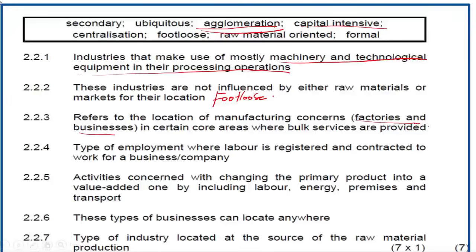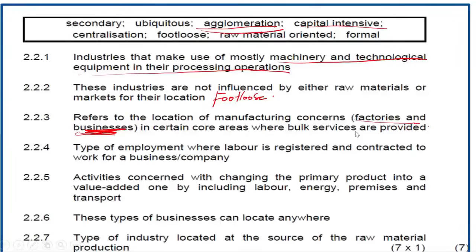When you go to a shopping center or a shopping mall, that is agglomeration because there are businesses that are together there. Refers to the location of manufacturing concerns, factories and businesses in certain core areas where bulk services are provided.